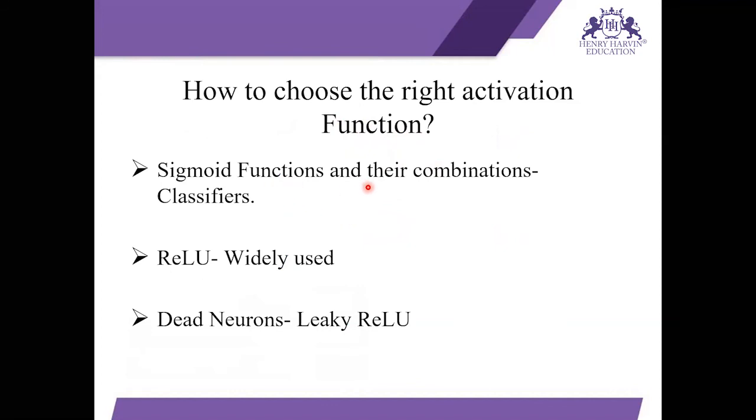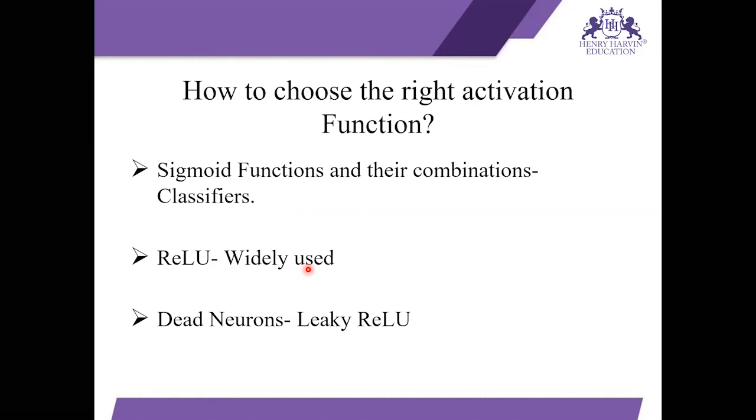Sigmoid functions and their combinations generally work better in the case of classifiers. Sigmoid and tanh functions are sometimes avoided due to the vanishing gradient problem. The ReLU function is a widely used activation function, and it is being used in most cases these days.